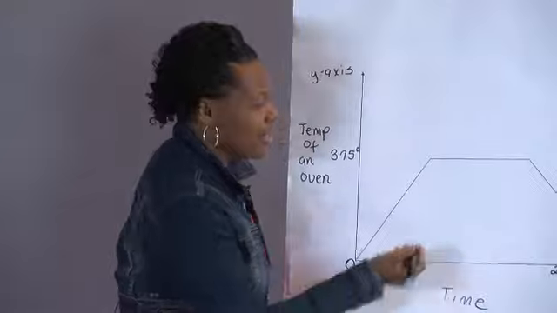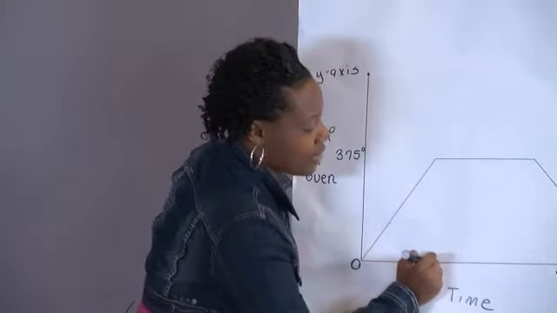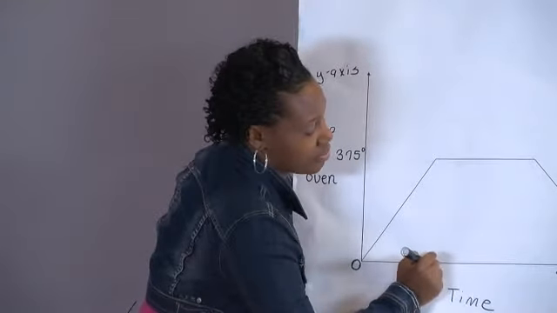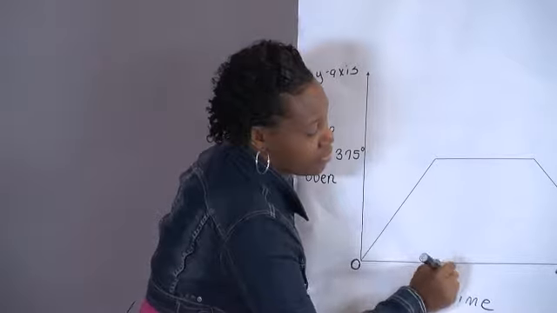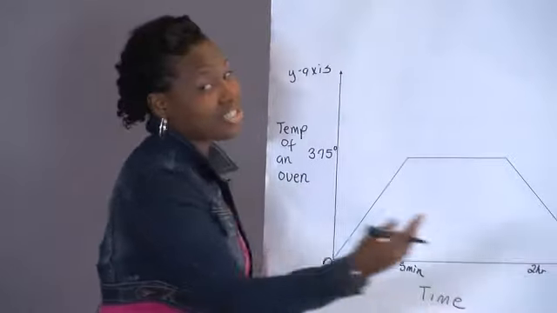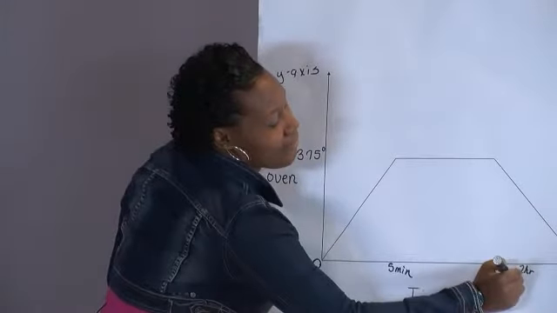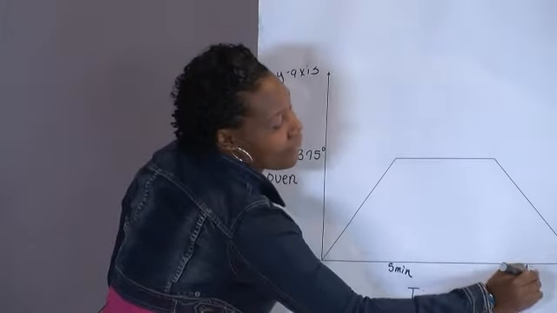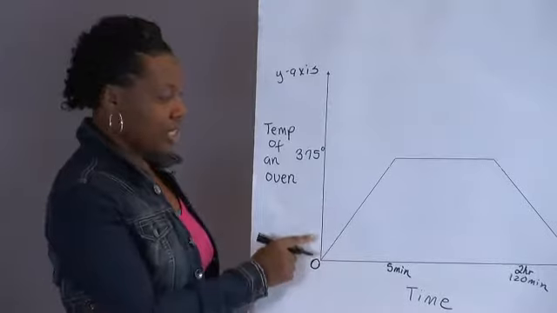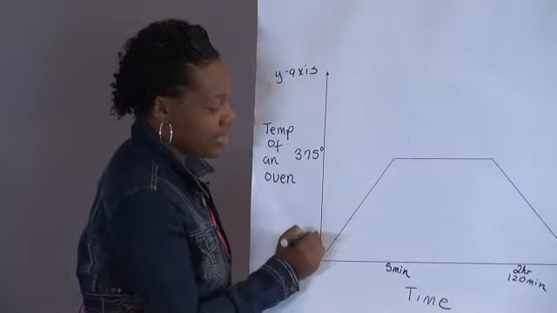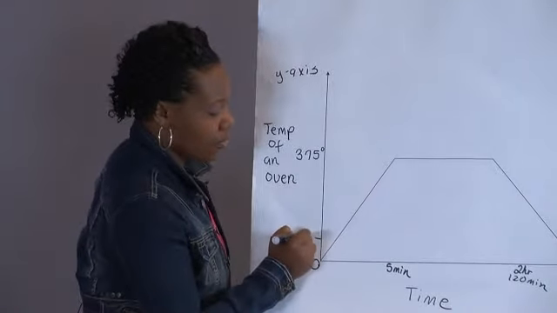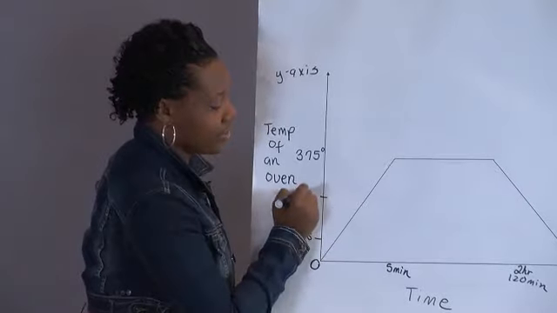I would say maybe 5 minutes, 5 to 10 minutes. Now I know I put 2 hours over here, but I can just easily change that to 120 minutes if I want to be consistent. And if I wanted to put temperatures down here, I can make this 175, 275.